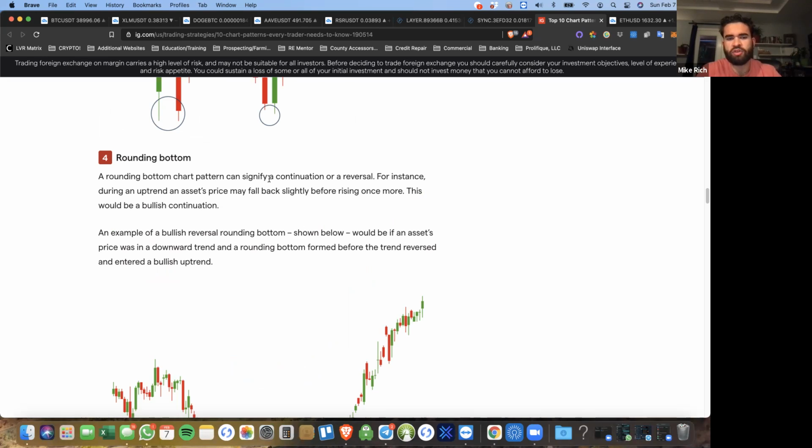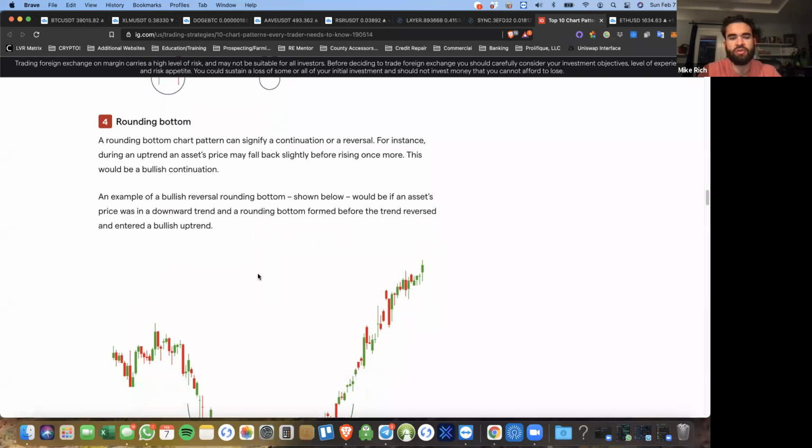A rounding bottom chart can signify a continuation or a reversal. For instance, during an uptrend, an asset's price may fall back slowly before rising once more. That would be a bullish continuation.